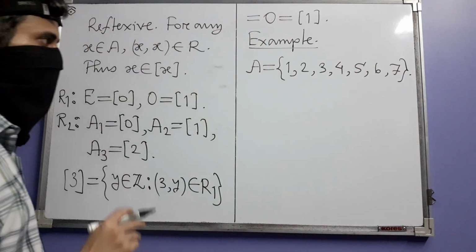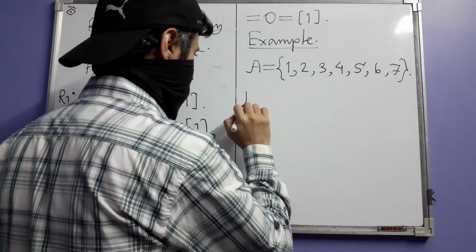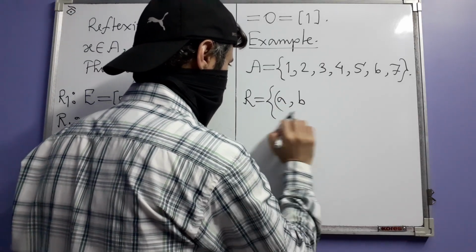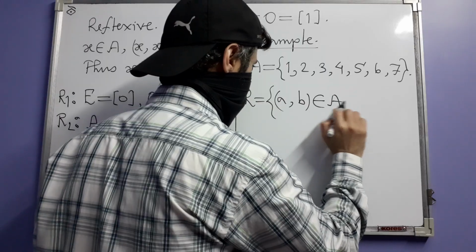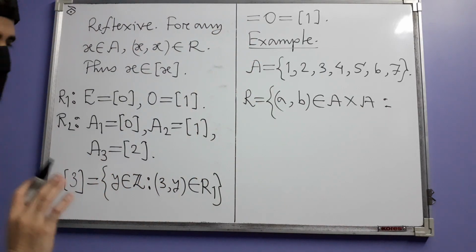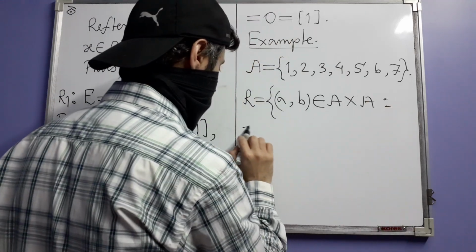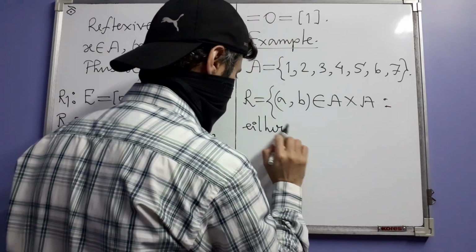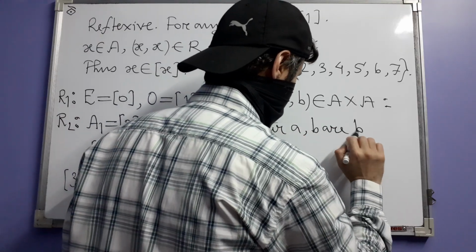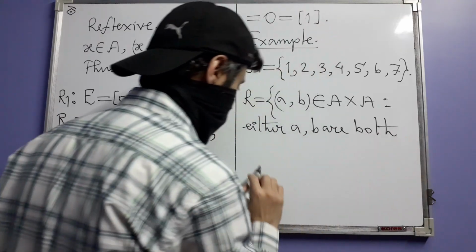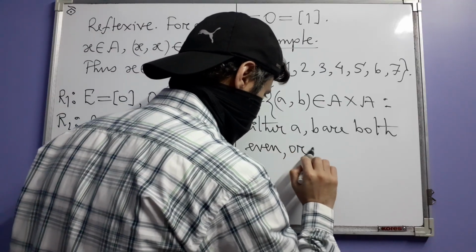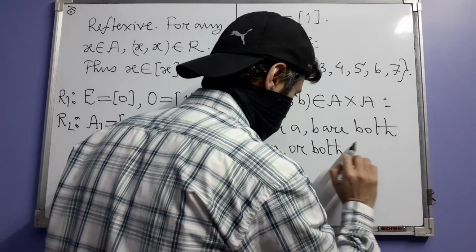And there is a relation on A. The relation is this: a and b are related if either a and b are both even, or both odd.